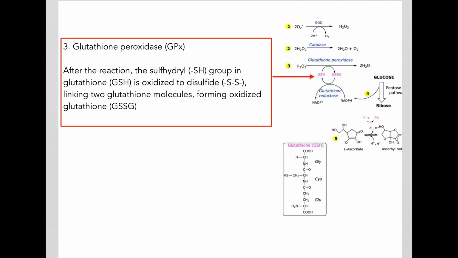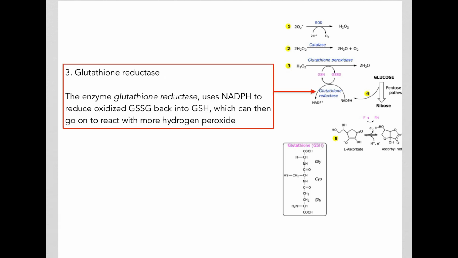So as mentioned earlier, this reduced glutathione, GSH, will become oxidized glutathione, GSSG. In order to make sure that we don't run out of GSH, because GSH is becoming GSSG every time it reacts with hydrogen peroxide, we need to make sure that this oxidized glutathione can be reconverted back to GSH so that the enzyme can use GSH to destroy another molecule of hydrogen peroxide.